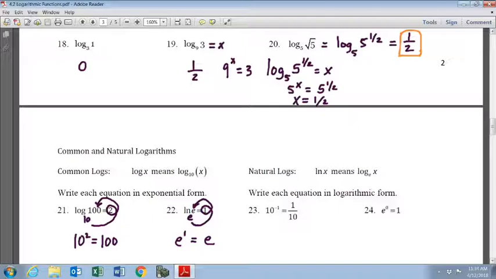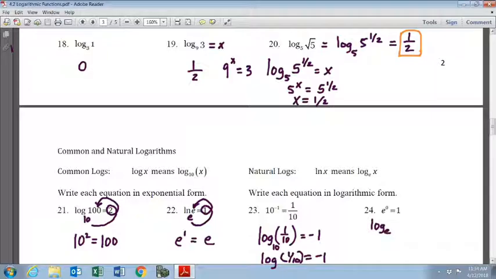On number 23, now we're going to go the opposite way and change to logarithmic form. So this is a log base 10, and our exponent is -1, and so the 1/10 goes right there. Now we don't normally write the 10, so this would be written as the log of 1/10 equals -1.